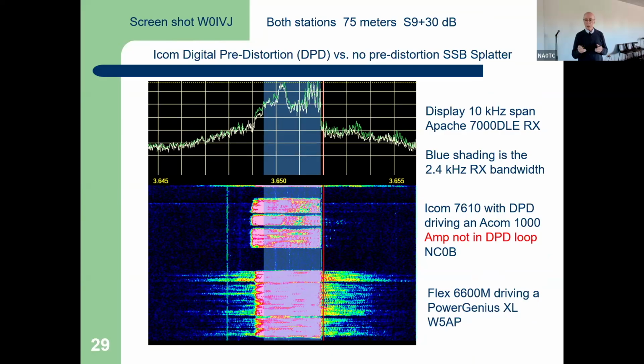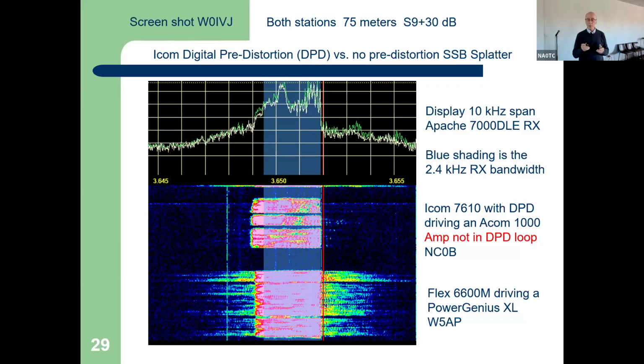So again, you can see just a couple little dots off to the right of my main signal. And then down below, that's a Flex 6600M driving a Power Genius XL at W5AP. Again, like that previous slide, the signal's splatter bandwidth is about 3 times as wide as the main signal.